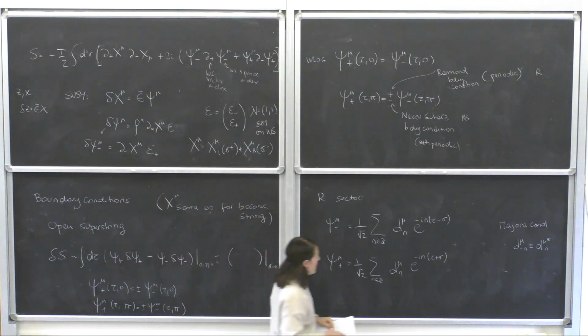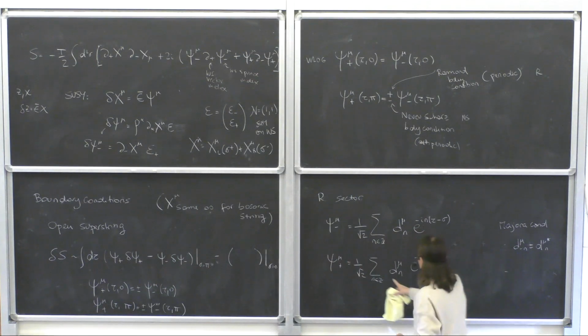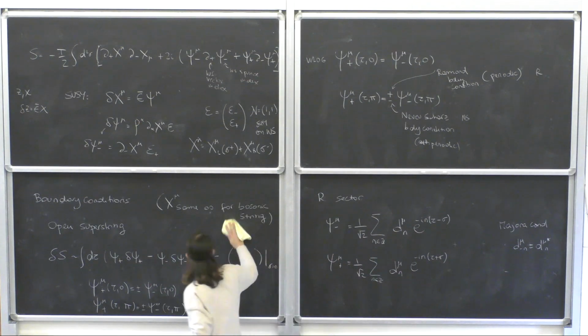In the Neveu-Schwarz sector, it's basically the same, but the expansion is in half integer modes.